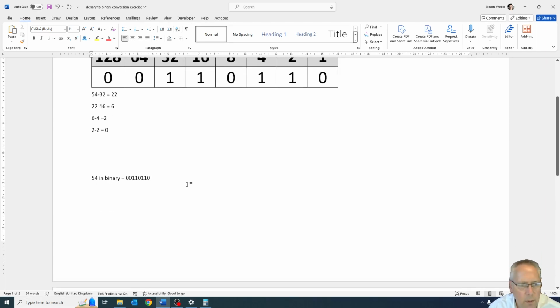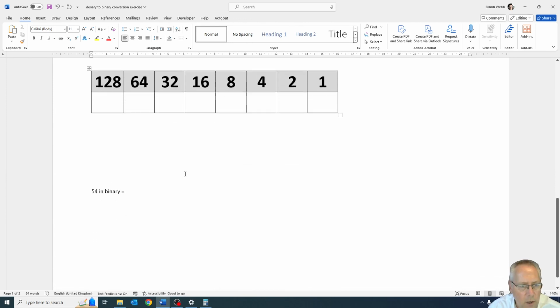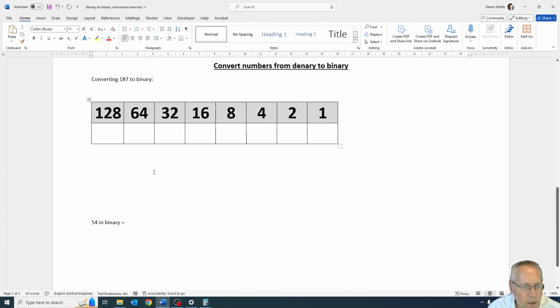I'm going to work through one with a slightly larger number now. Same principle. Is 187 bigger than 128? Yes, it is. So then we go on to our calculation: 187 minus 128, and that's going to give us 59.